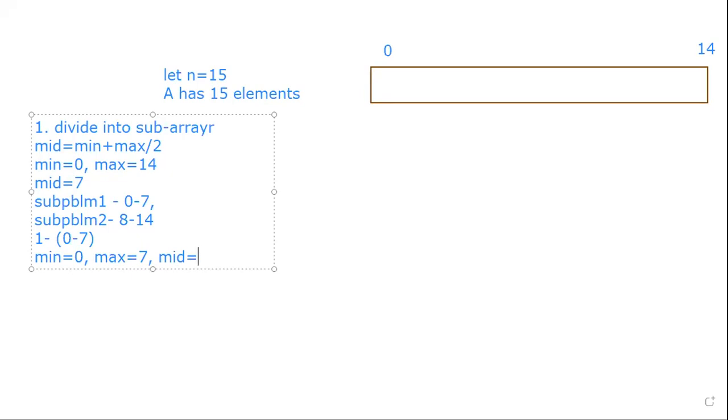So here we are taking the mid value as 3 or 4, that is up to us. So consider it as a 4. Then this sub problem 1 is having 0 to 4, comma 5 to 7.